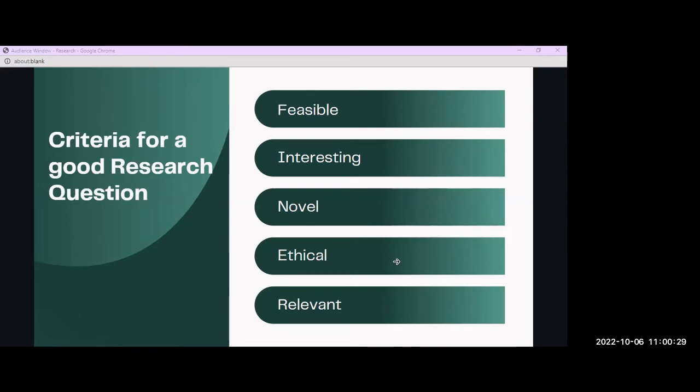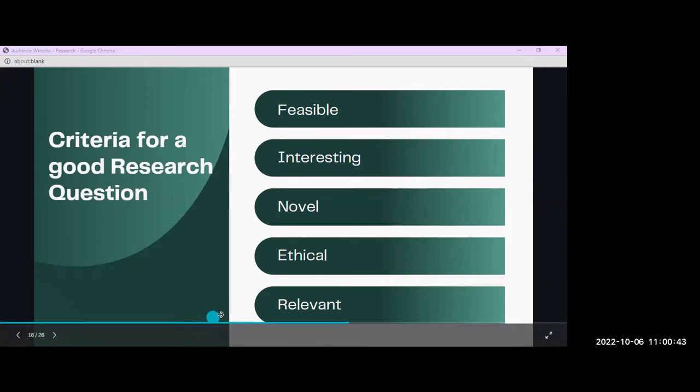So that is what I mean. When we talk about relevance, it should be something that can be utilized for policy making, for an enhancement program, or for an intervention program to address the issue or the problem.